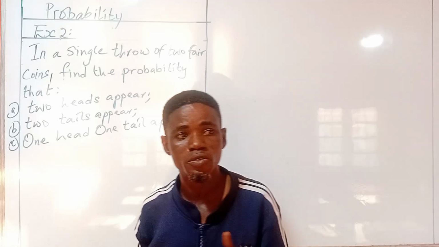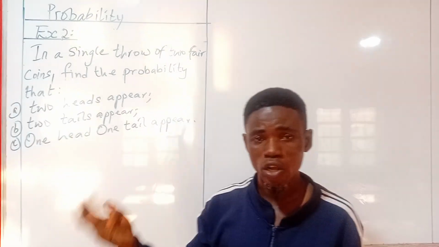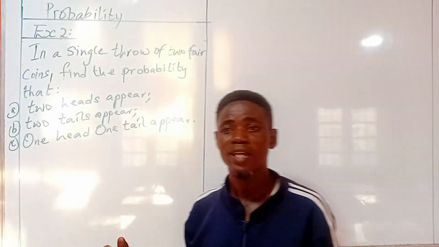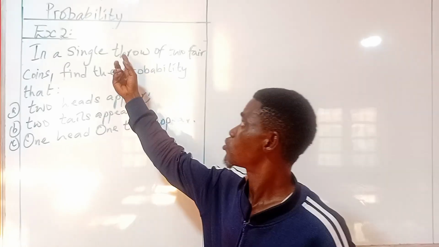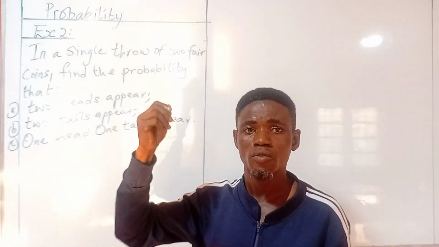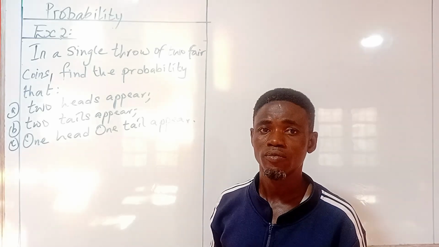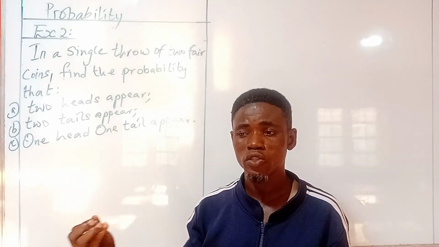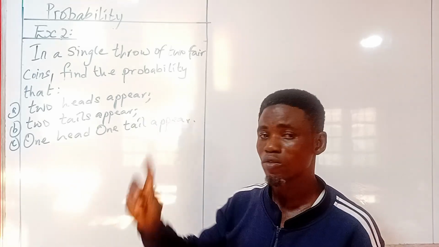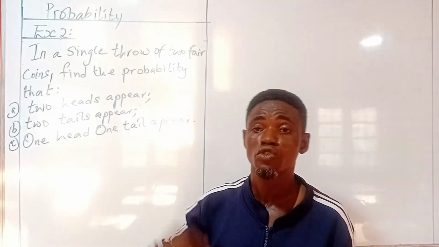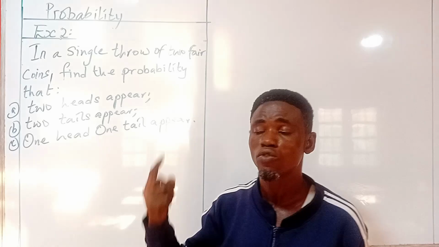Now in this case, we have 2 coins, but these 2 coins are tossed or thrown one time. We hold the 2 coins together, but we cast them at the same time, which is just a single throw, or single cast, or single toss.